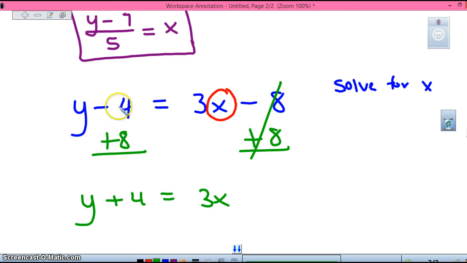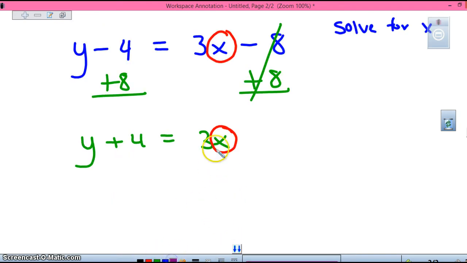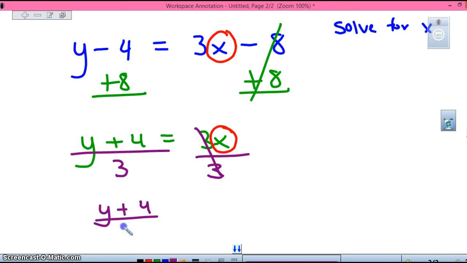Why did I add negative 4 plus 8? They're like terms. So are we finished solving for x? Divided by 3 would be the inverse operation, division. What you do to one side, do to the other. Y plus 4 divided by 3 is equal to x.